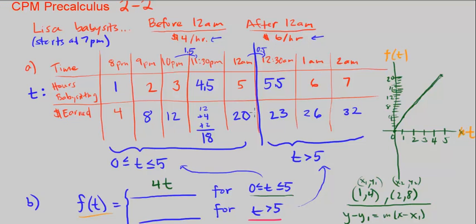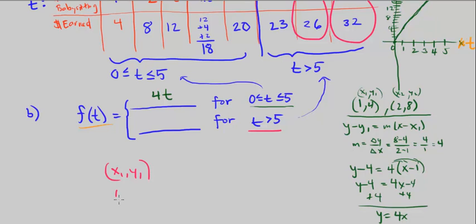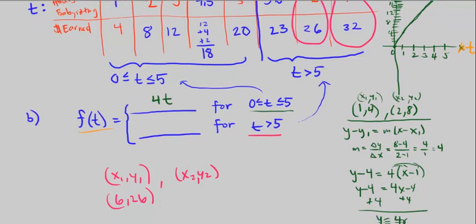Okay, so let's figure that out. Let's use any 2 points. I'm going to use these 2 points. You can use any of these 3. So I'm going to say x1, y1 is going to be 6, 26. And x2, y2 is going to be 7, 32.